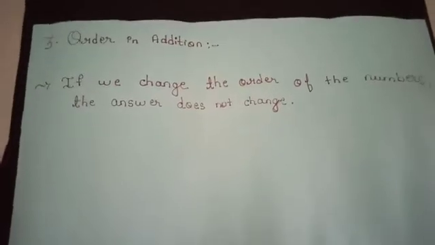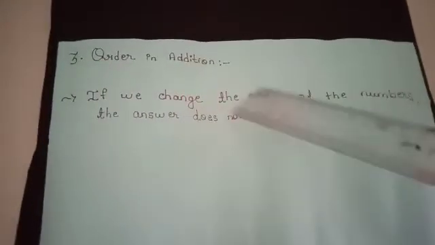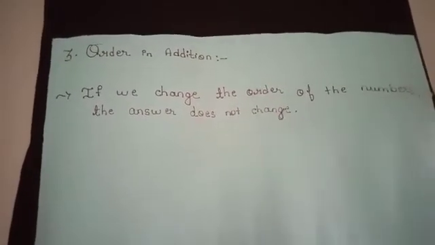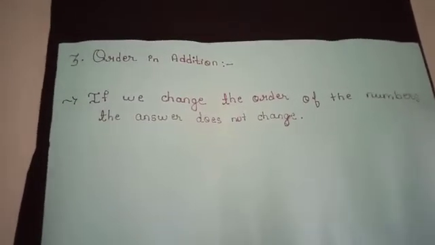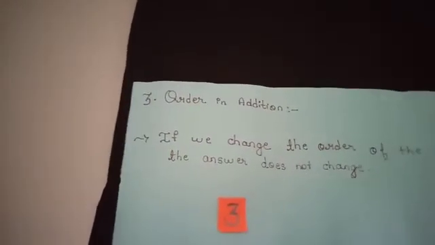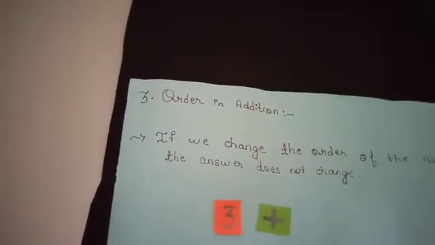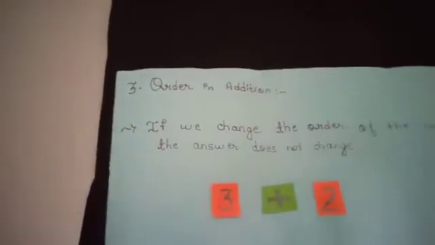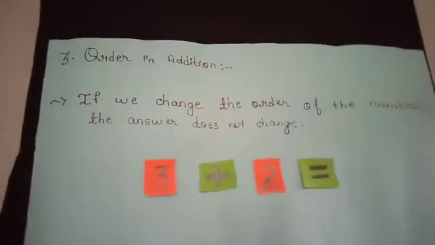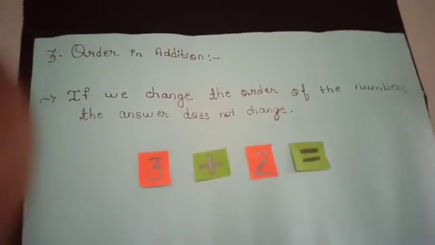The third one is order in addition. If we change the order of the numbers, the answer does not change. Let us understand this through an example. The first one is 3 plus 2 is equal to, we will solve it, and here we are going to change the order.